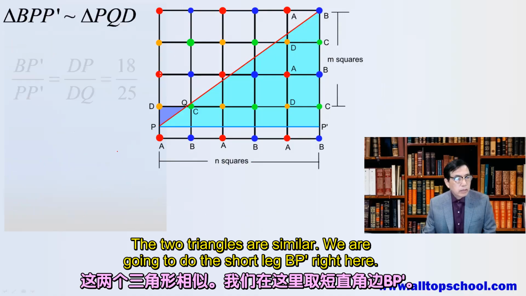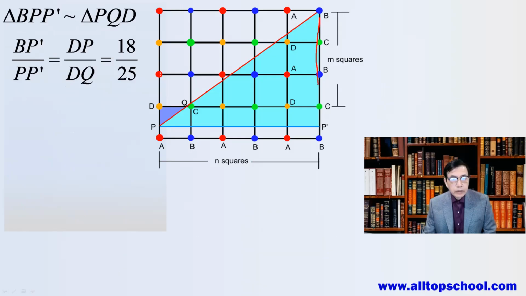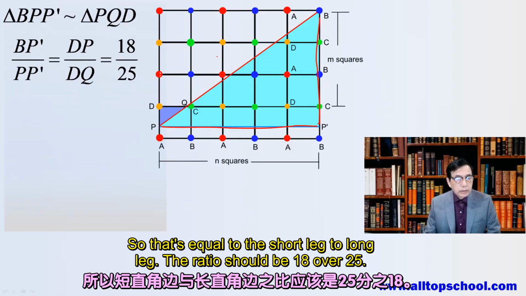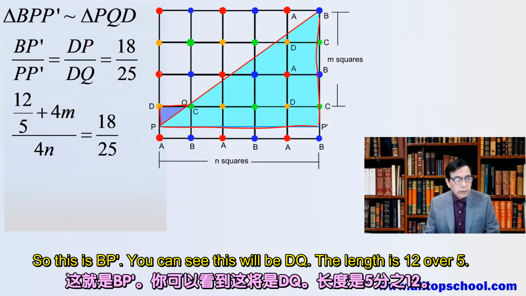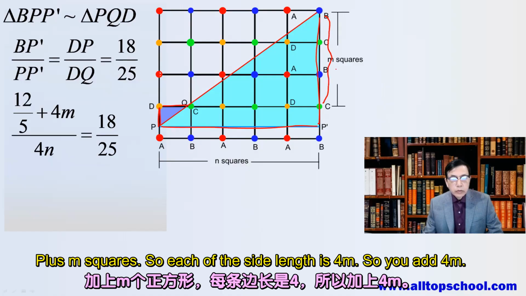The two triangles are similar. The short leg is B P-prime right here, and the long leg is the horizontal line here. The ratio of short leg to long leg should be 18/25. BP-prime is DP, the length 12/5, plus m squares, each with side length 4, so you add 4m.